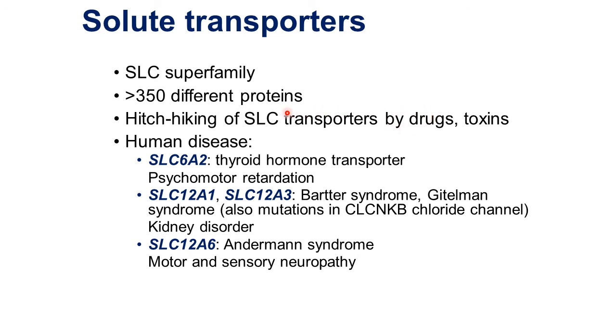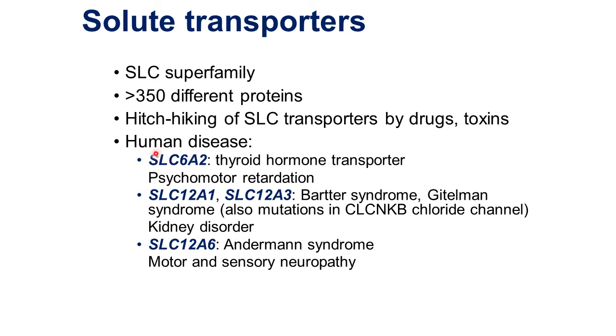So this is an area that's actually relatively unexplored. Many transport proteins are also related to human disease, and this is just a very small number of examples of mutations that occur in solute transport proteins.